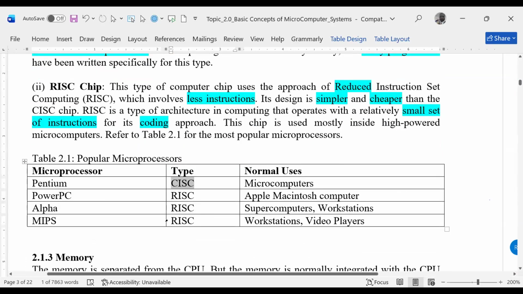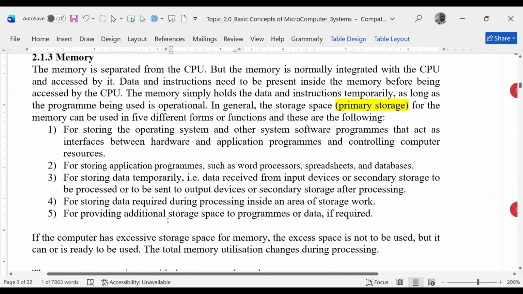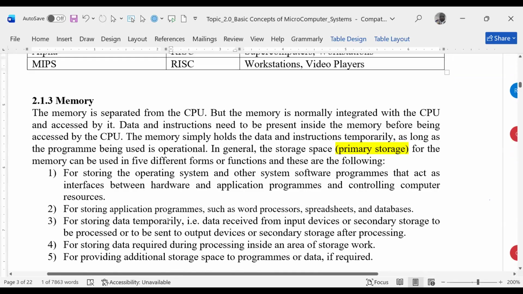Now we have understood the processor as a key component of computing. The next one is memory. Another name for memory is primary storage, main memory, or system-oriented storage. So in computing, when you hear primary storage, main memory, system-oriented storage, volatile memory, they refer to this type of memory.